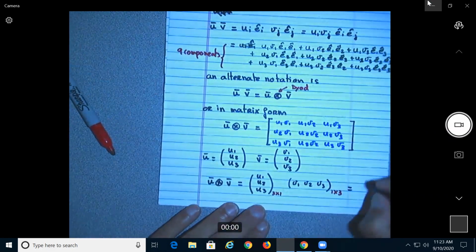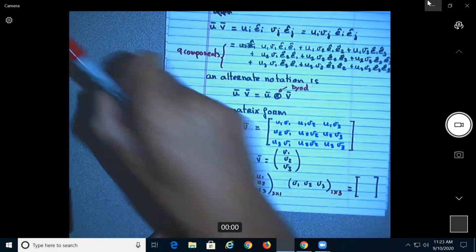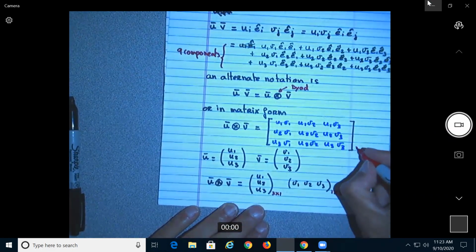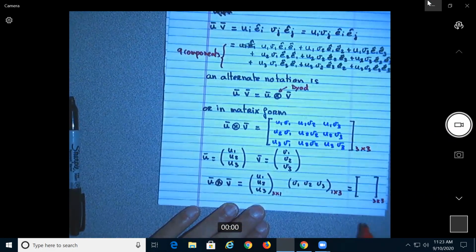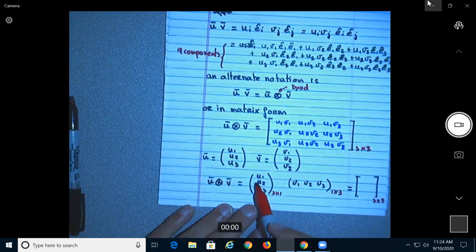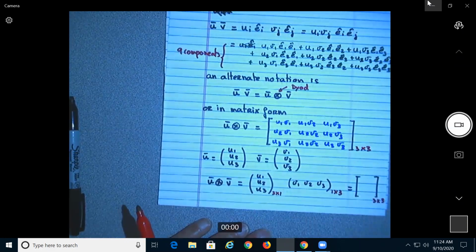If you do this operation, you get u1 v1, u1 v2, u1 v3, the same as over here. This ends up being 3 by 3. So basically this is like the matrix times the transpose, u times v transpose. That's the same thing as doing the dyad, but it's just different notation.